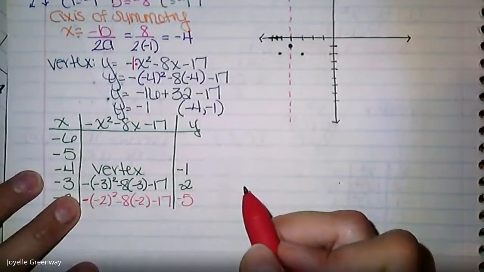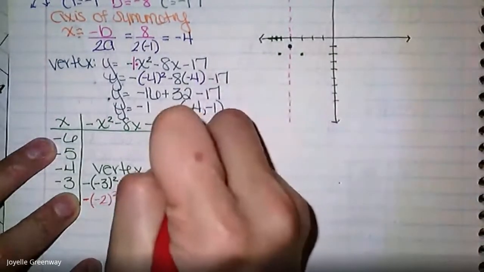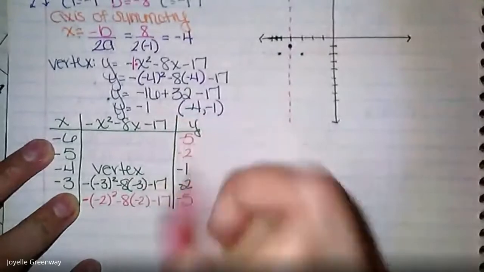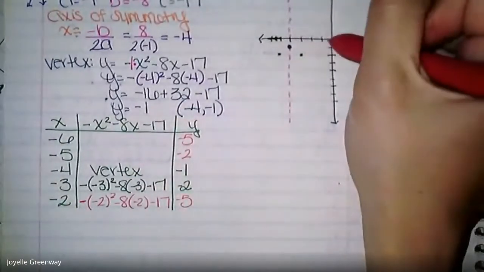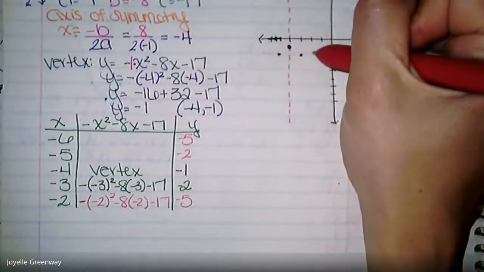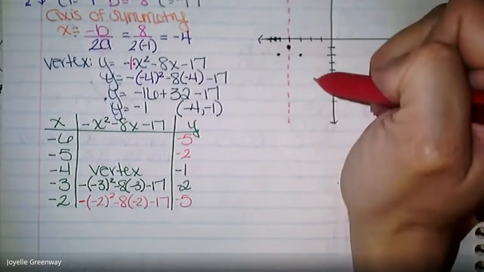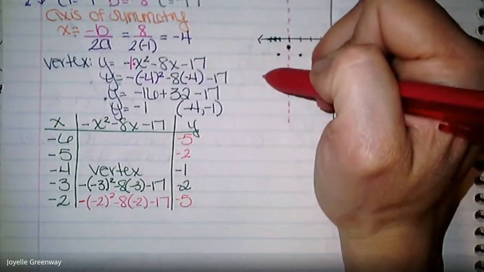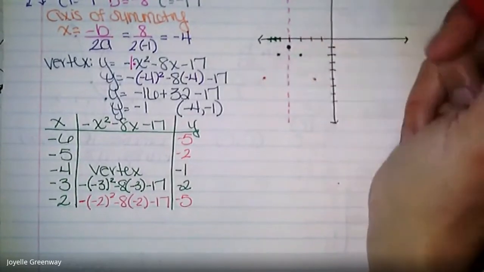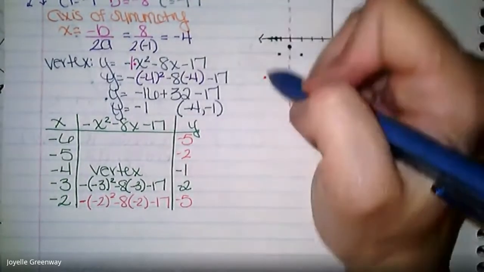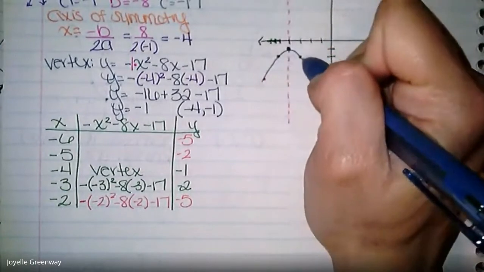So now I know that at negative 6, it's also negative 5. So negative 2, negative 5. So 2, 4, 5. And it's the same over here. And here is your parabola.